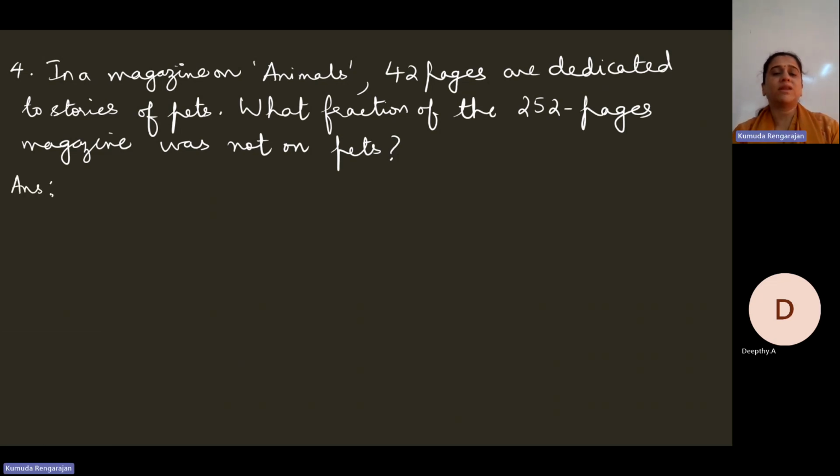In a magazine on animals, 42 pages are dedicated to stories of pets. What fraction of the 252 pages magazine was not on pets?